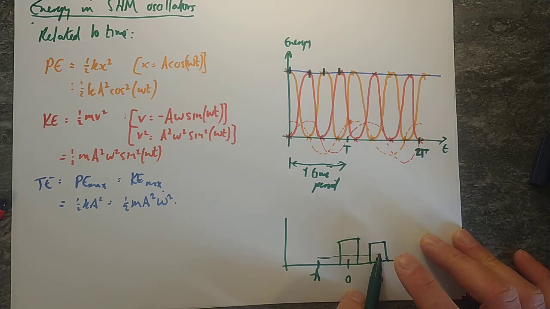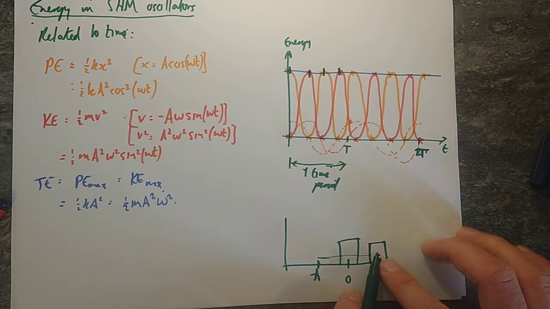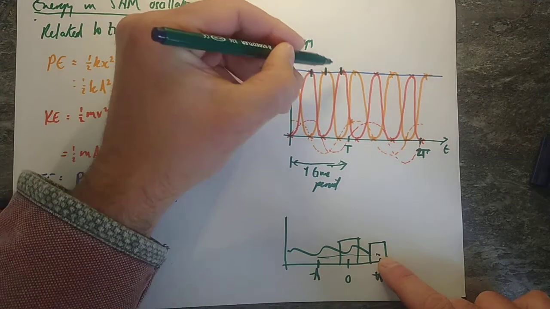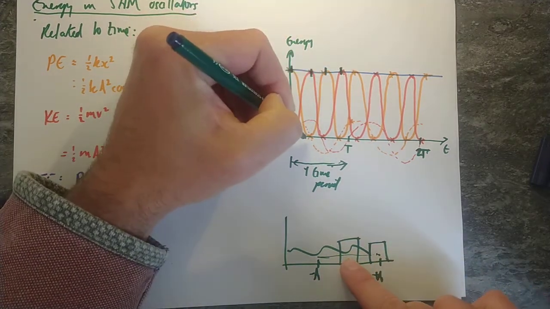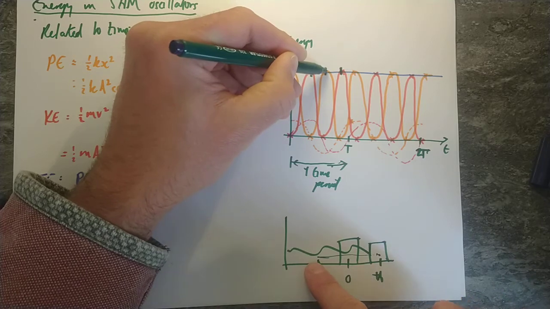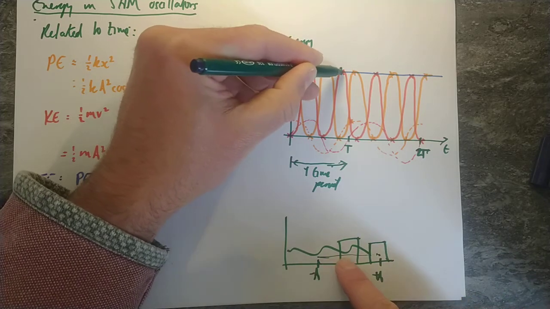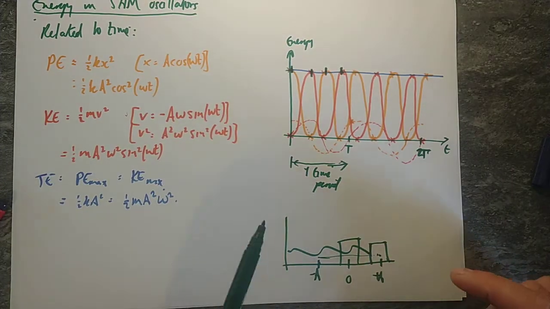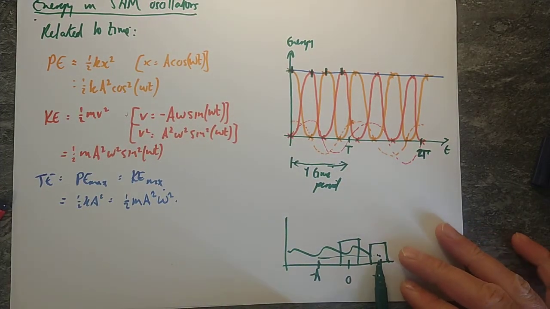So we've got to think about the potential energy peaks. There is a potential energy peak here when the spring is at its most stretched. There is another, and then goes down to 0, and then goes back to another peak when it's at this point here, moves back to the origin, and then back here. So there's 2 peaks of potential energy in every cycle. Here, here, and then that's part of the following cycle.